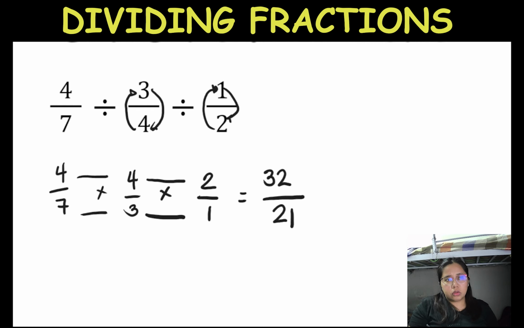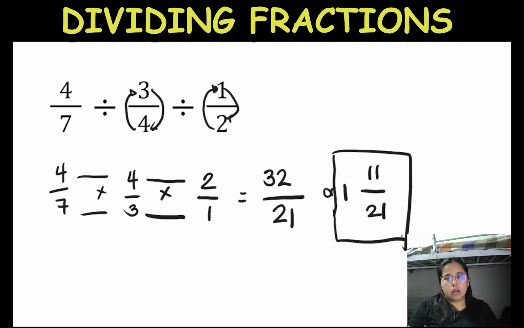Reduce natin yan to its lowest form and we'll get 1 and 11 over 21. Okay. So, ang final answer natin, 4/7 divided by 3/4 divided by 1/2 is equivalent to 1 and 11 over 21.